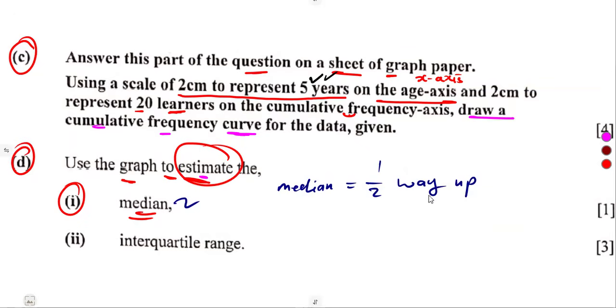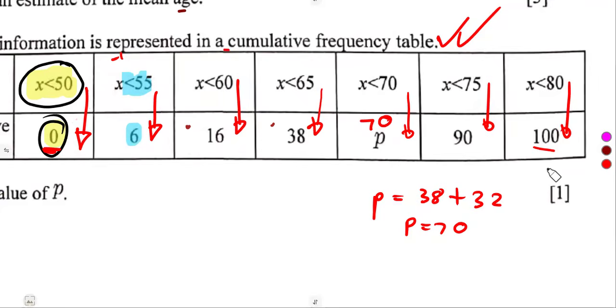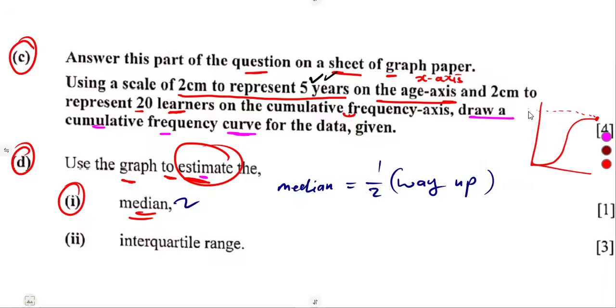So what am I trying to say? As the curve is presented, the last value corresponding to your cumulative frequency was 100 in this case, or you can even check it from the table there, which is 100. The last value that you see, that is your distribution, that is your way up.